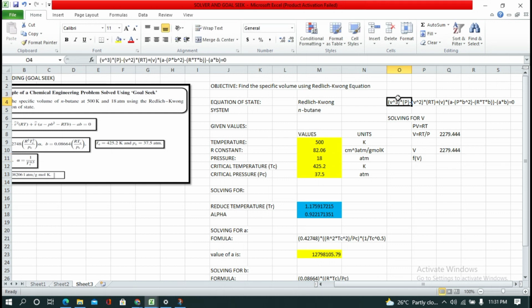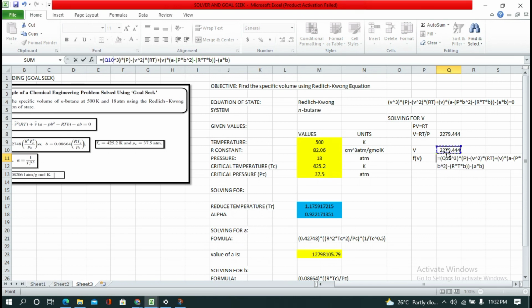We can copy this one, and then remove this equals 0 in here. Then we can solve for this value by changing the references and doing some calculations. So we put equal sign, then change the references.